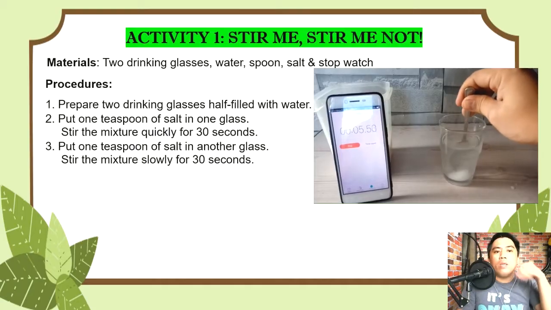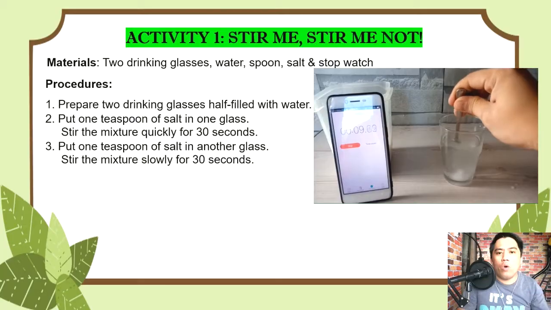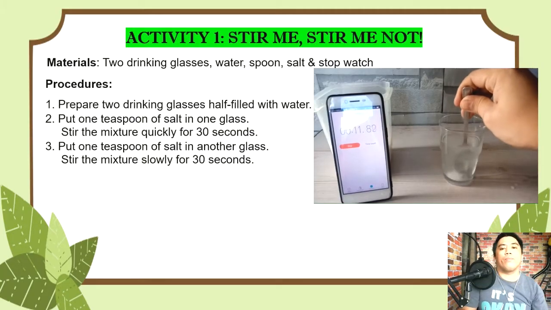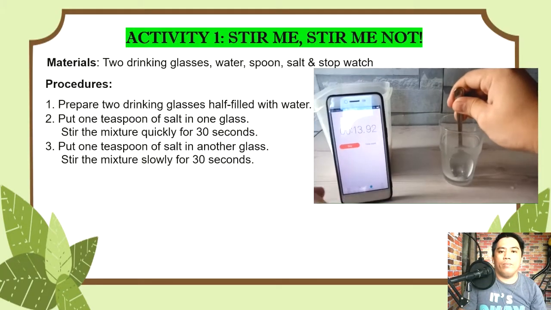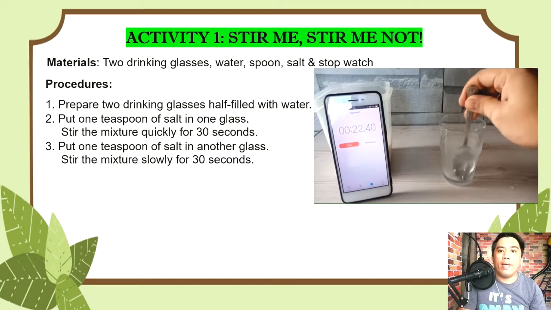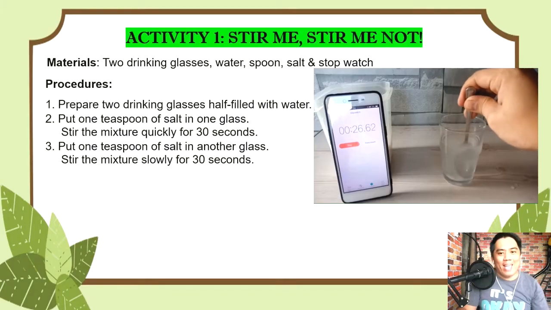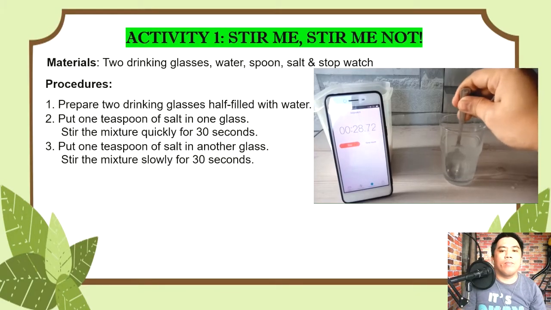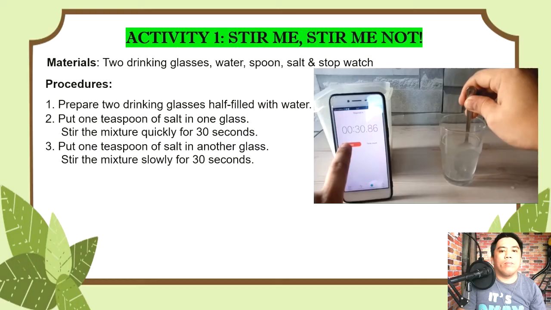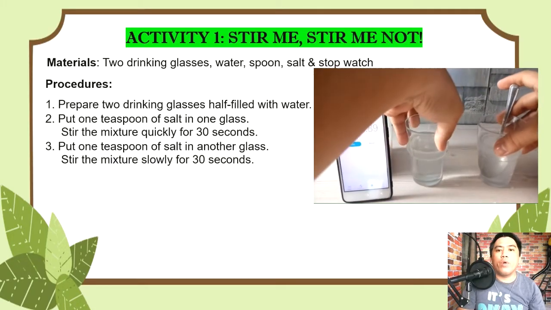Stir the mixture slowly for 30 seconds. So, pwede nyo itong isagawa mamaya or pwede nyo sabayan yan or else observe nyo na lang para hindi kayo mahirapan. Pero kung gusto nyo talagang actual, then you can perform the activity.